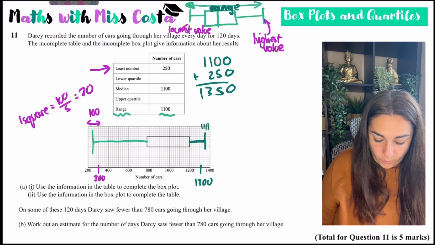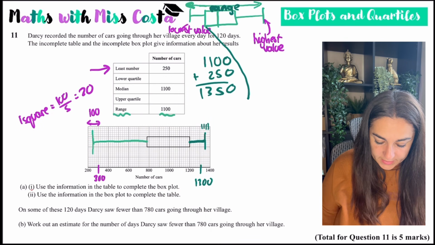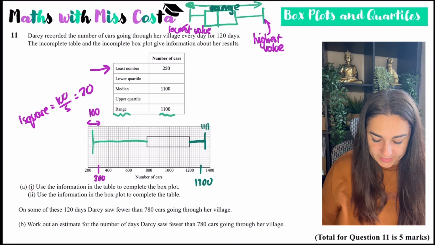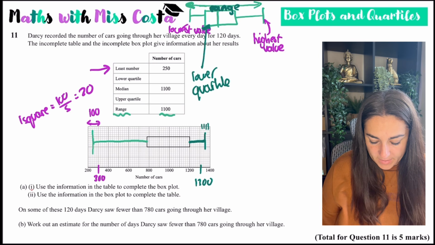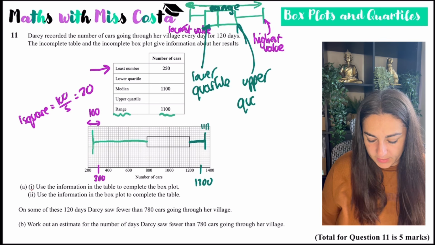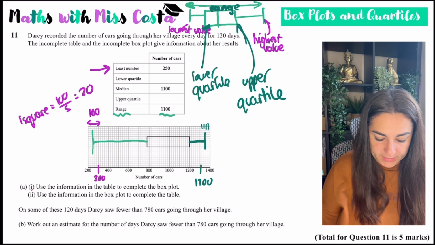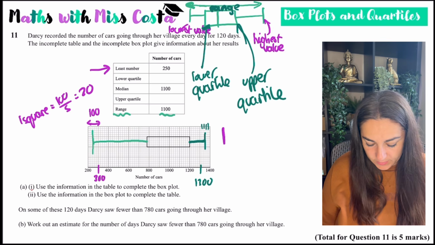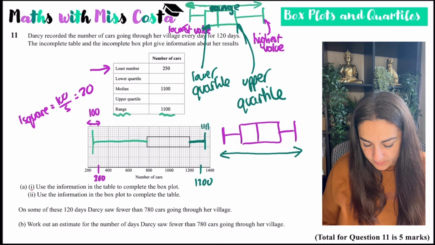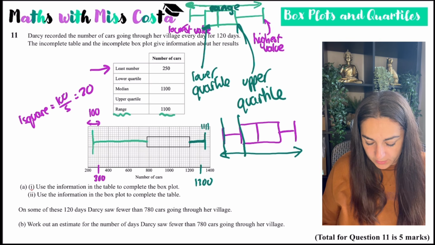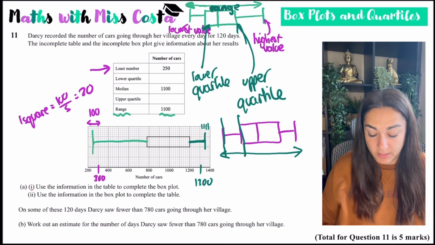Then with box plots, you have this, let's rub this out actually. You've got the bottom part of the box, which is the lower quartile, and then the upper part of the box, which is the upper quartile. And essentially every box plot is split into quartiles. So this first bit here is your first quartile, from the lowest value to the lowest quartile.